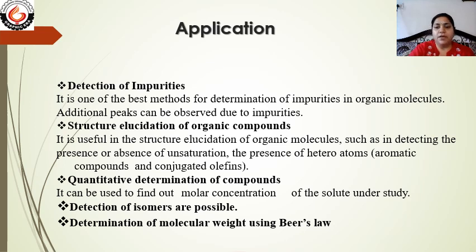The peak may be shifted to the left or to the right, or maybe they have different intensity. So we can easily differentiate between the two isomers. If a sample has only one isomer, we will get only one peak. If two isomers are present in a mixture, we will get two different peaks which are near or adjacent peaks. So with the help of a UV spectrophotometer, we can detect the presence of isomers.